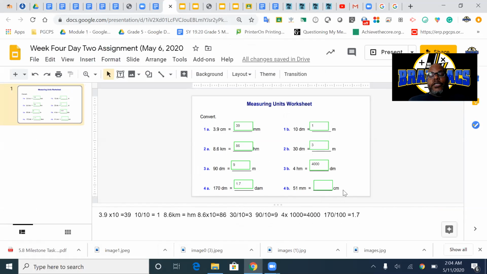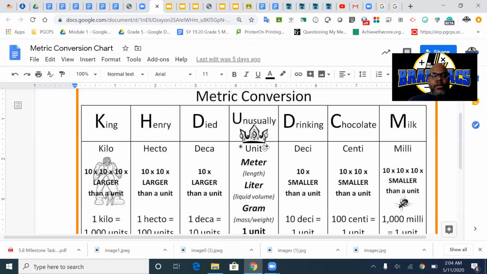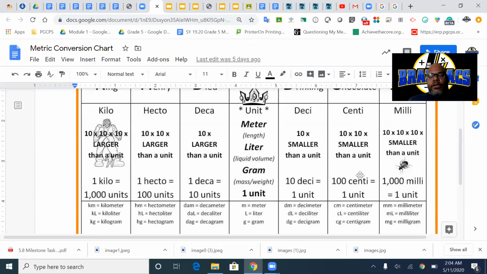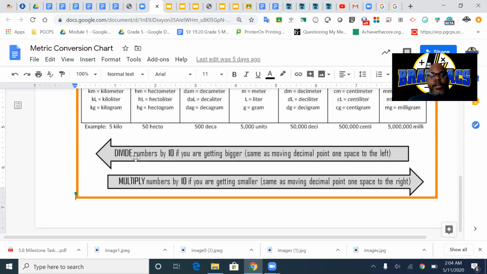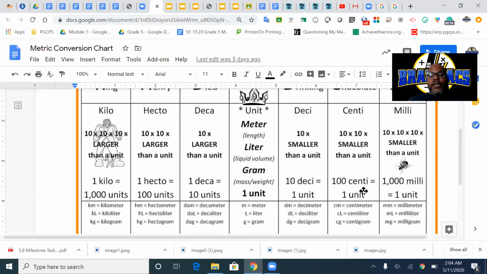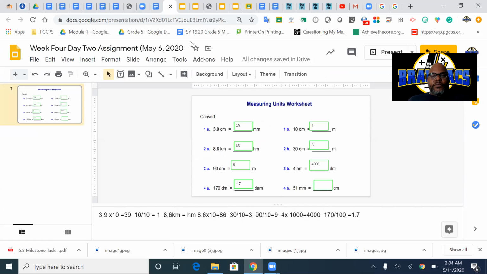Here's the last one. 51 millimeters equals how many centimeters? Millimeters to centimeters, we're going this direction, which means we're dividing by 10. So we have 51 divided by 10.